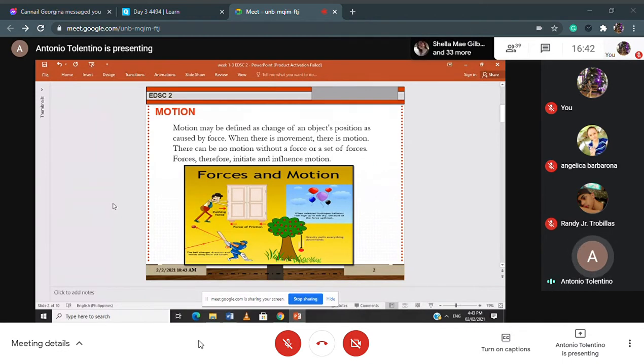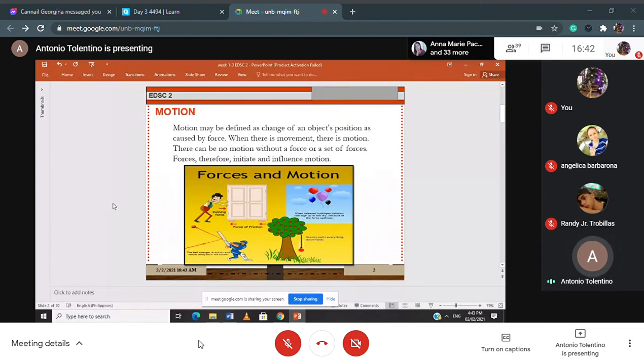Other forces are not natural, for example, pushing and heating. If an object moves from one point to another because of that force, this is considered motion.